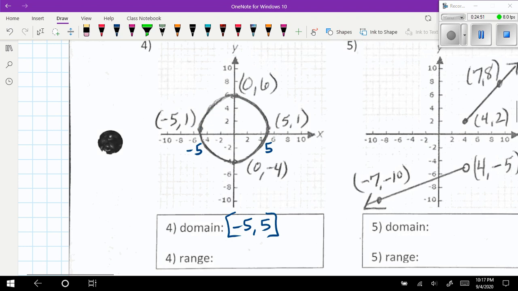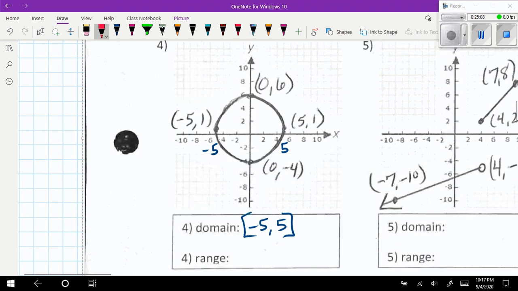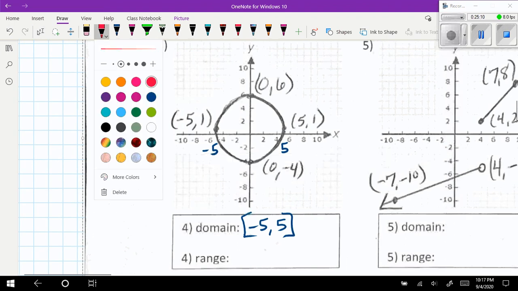And then I'm going to switch over here for my range. Range is low to high. So I'm looking at my y-axis. The lowest point here is -4. Oh, come on. Let's see if I can just trick it into thinking I'm selecting it again.